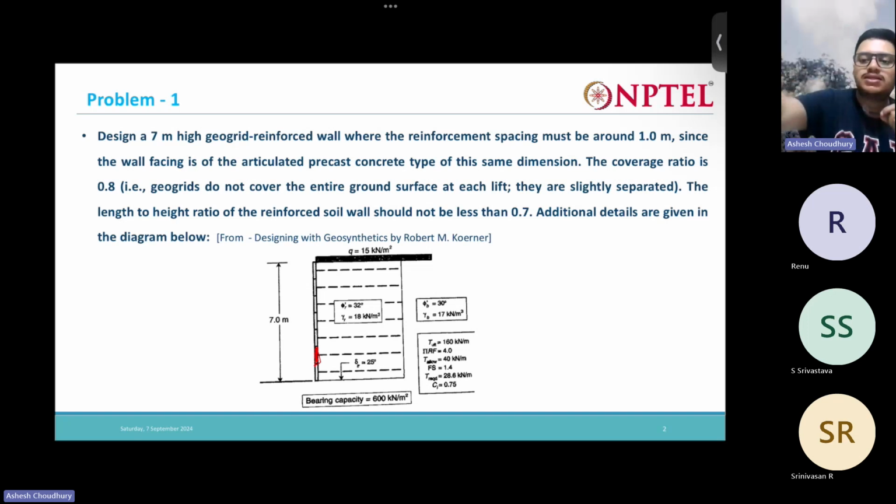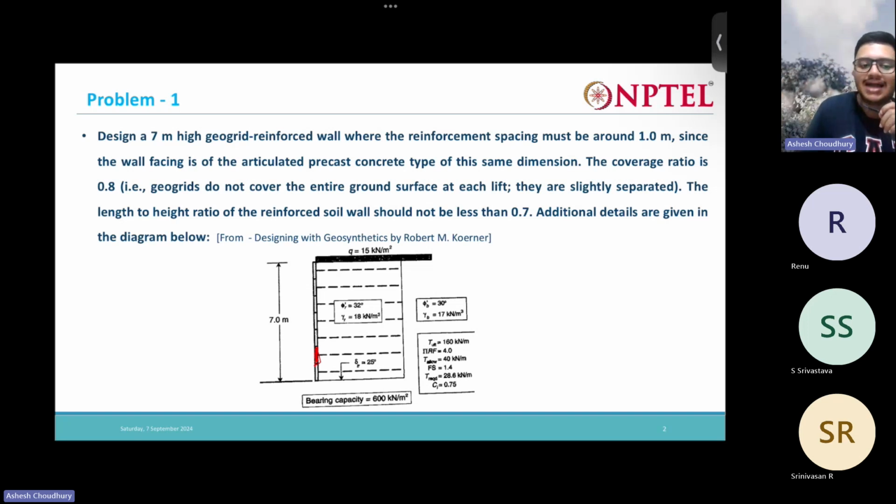There is some gap between the geogrids because they are slightly separated, so that's why we need to use the coverage ratio.